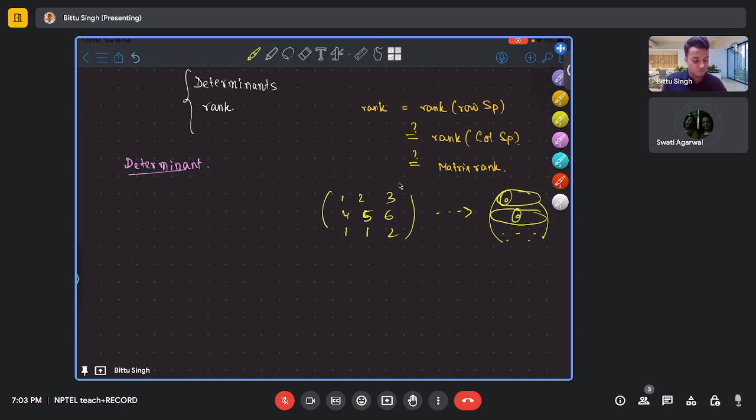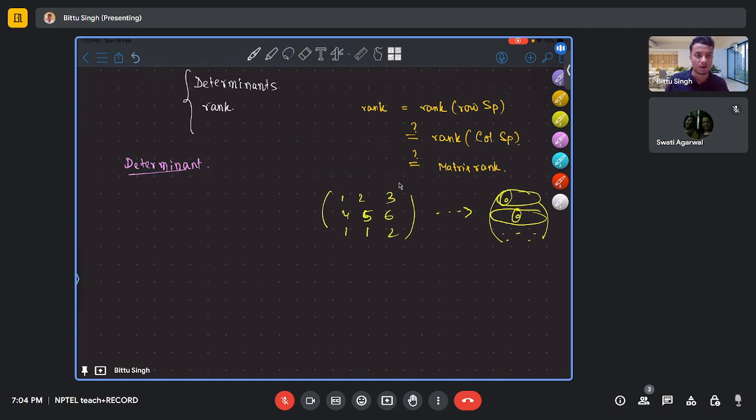So from this you can say that when you are doing row operations or column operations, you'll get the same number of non-zero rows or the same number of columns in which a non-zero pivot exists.